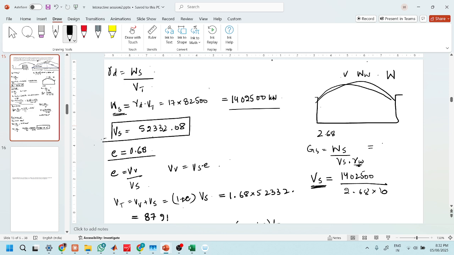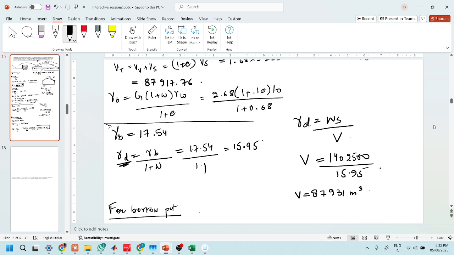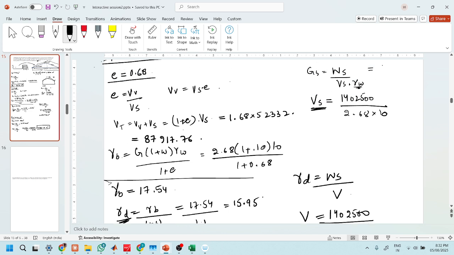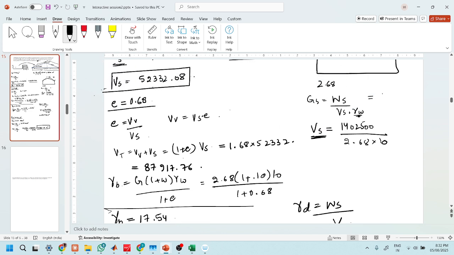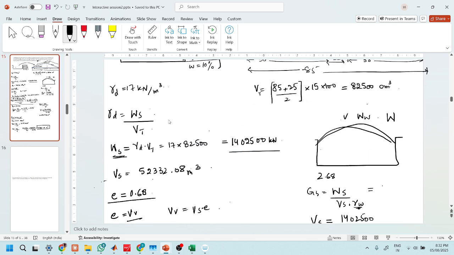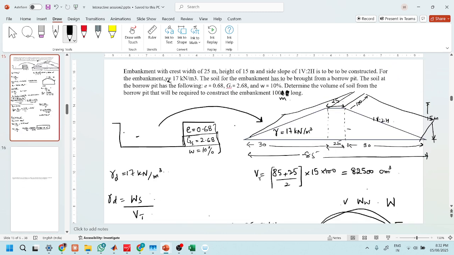Yeah, this is correct, just another method. This is the volume that we will require of the soil from this borrow pit to make this amount at this density.